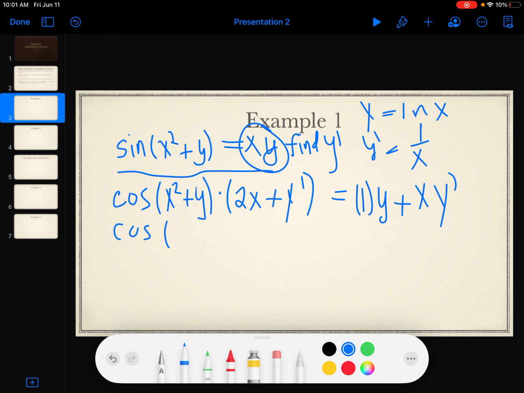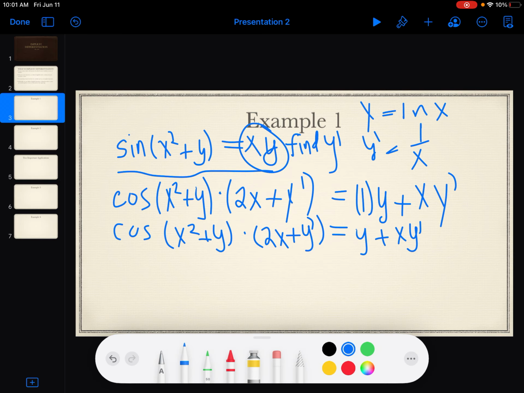There we go. Now we want to find y prime, right? We have y prime in the equation, but now we want to isolate for it. And this is pretty easy, so I'm just going to simplify this, write everything out. So we're going to isolate for y prime.